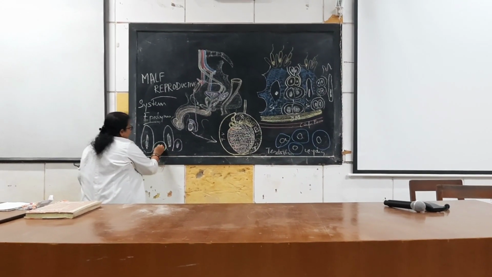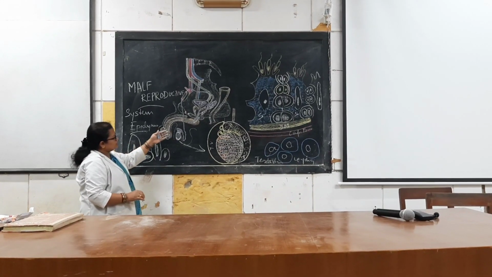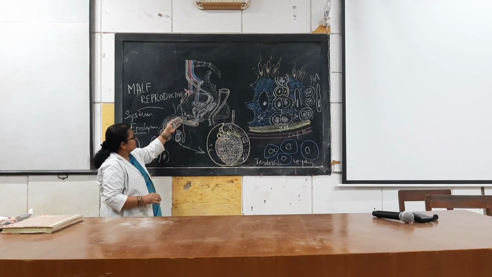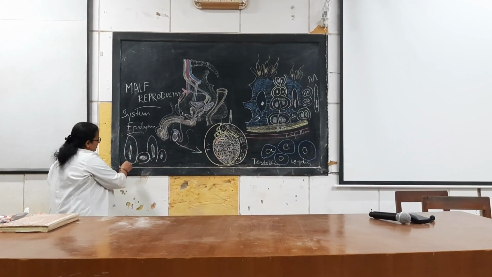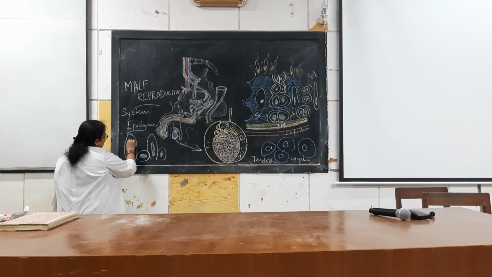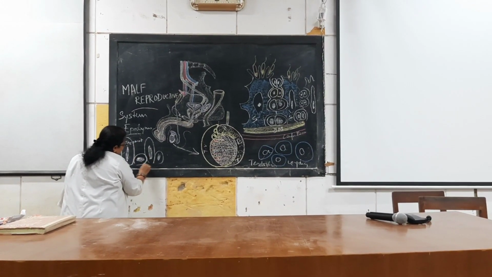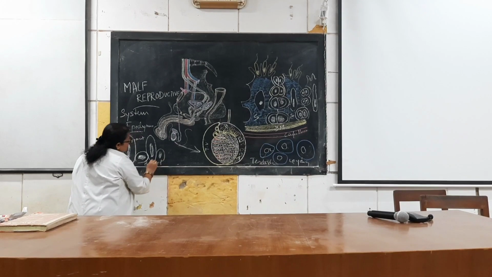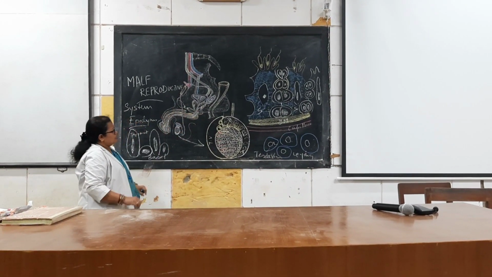The basal cells are non-ciliated. So this is the same for the epididymis, the vas and the ejaculatory duct.